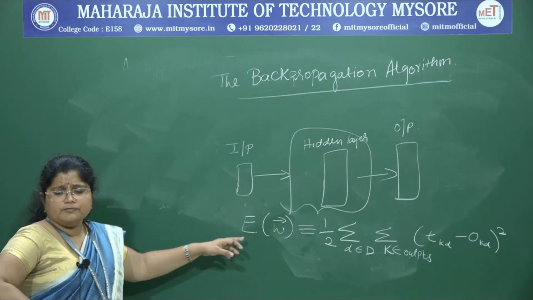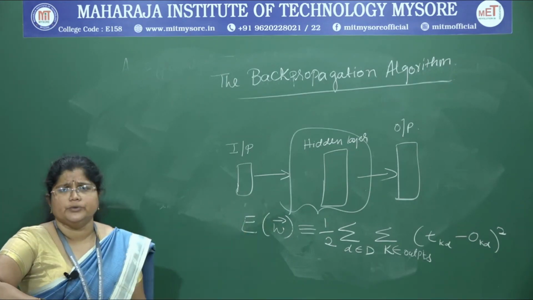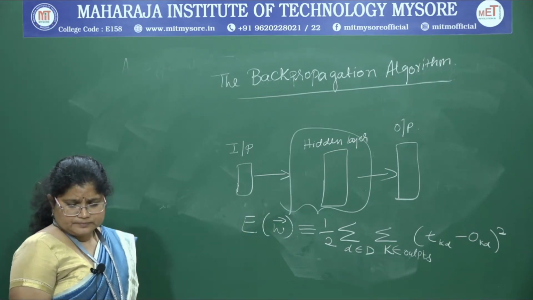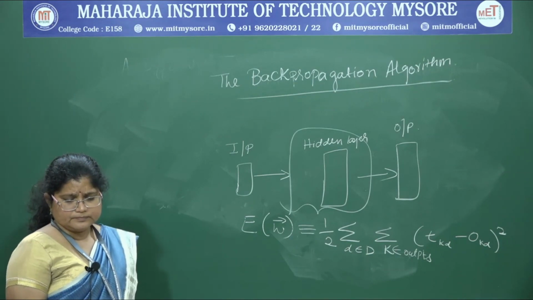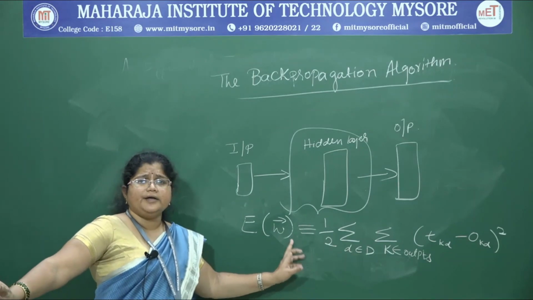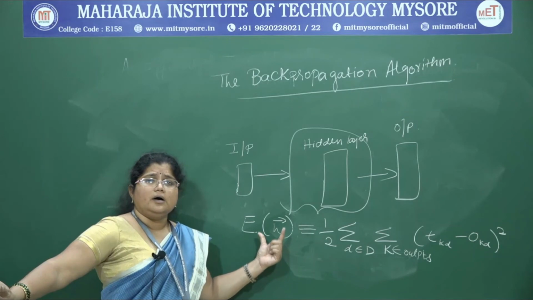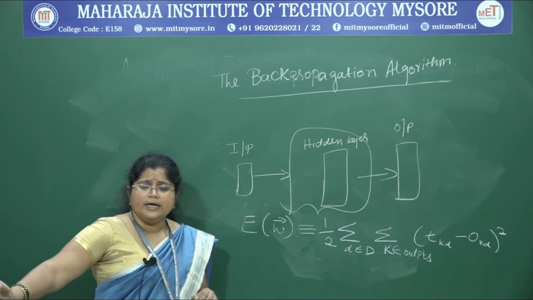This is the sum of the errors over all network output units. So this is how we compute the error in this multi-layer neural network in a backpropagation algorithm.